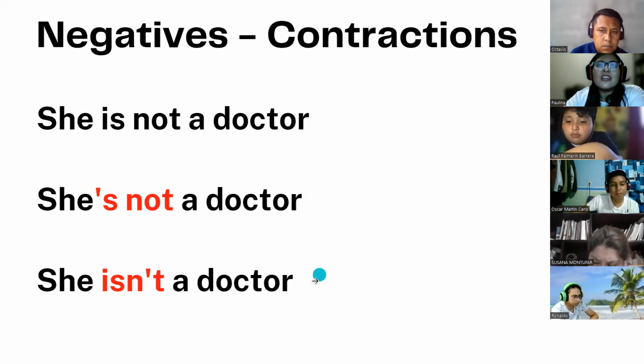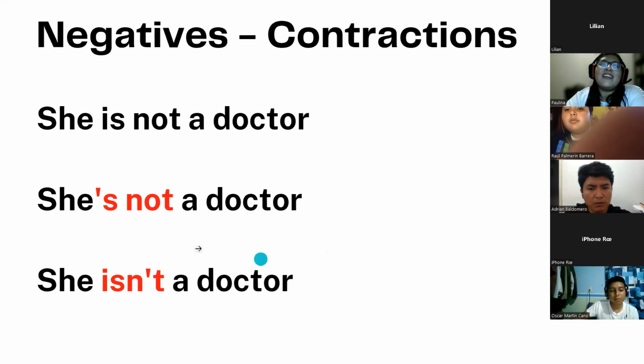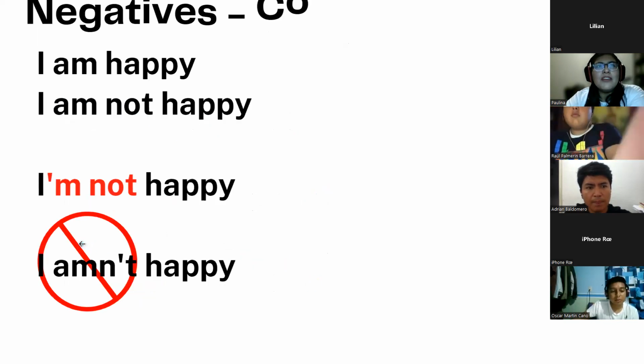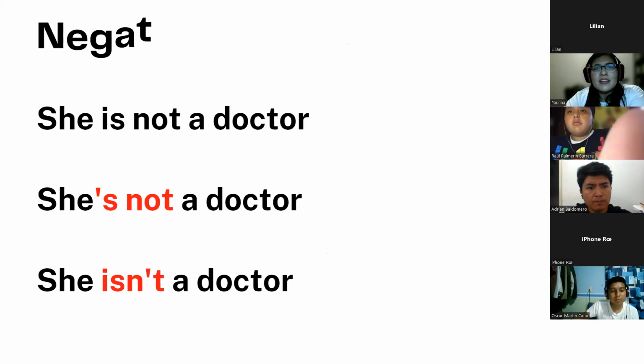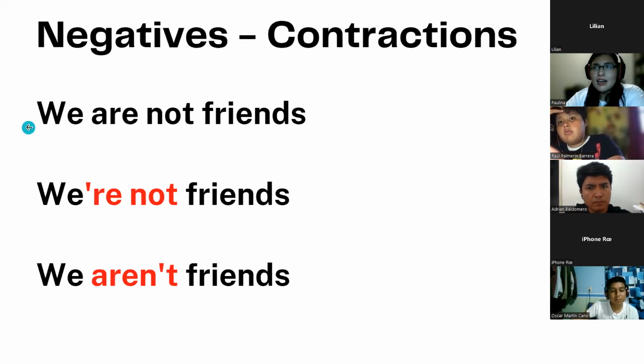Okay, now contraction number two. She isn't a doctor. Very good. Fantastic. Moving on. For we, how do we contract the R? For we, for you, for they. The complete sentence would be, we are not friends.